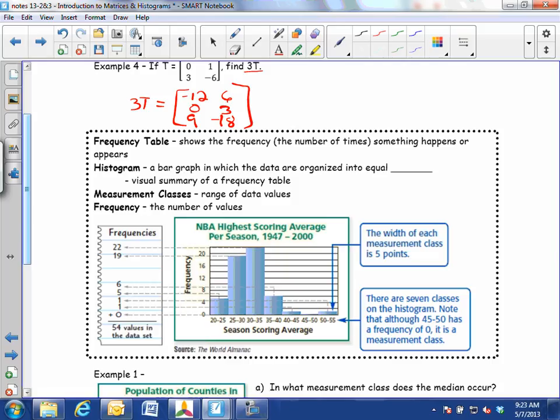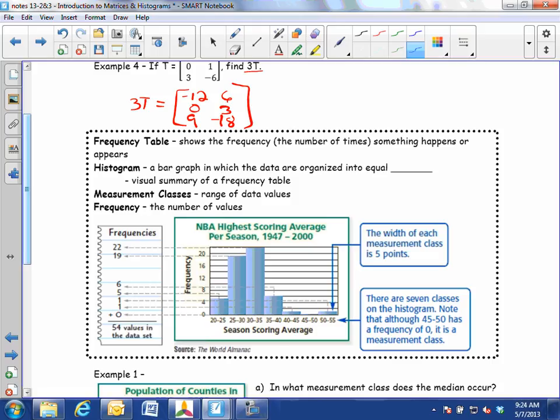Okay, then we're going to talk about histograms. A histogram is just another way to show a frequency table, and the frequency table just shows the frequency, meaning the number of times something happens or appears. Like we could do a frequency table of girls versus boys. How many girls in the room? 6.